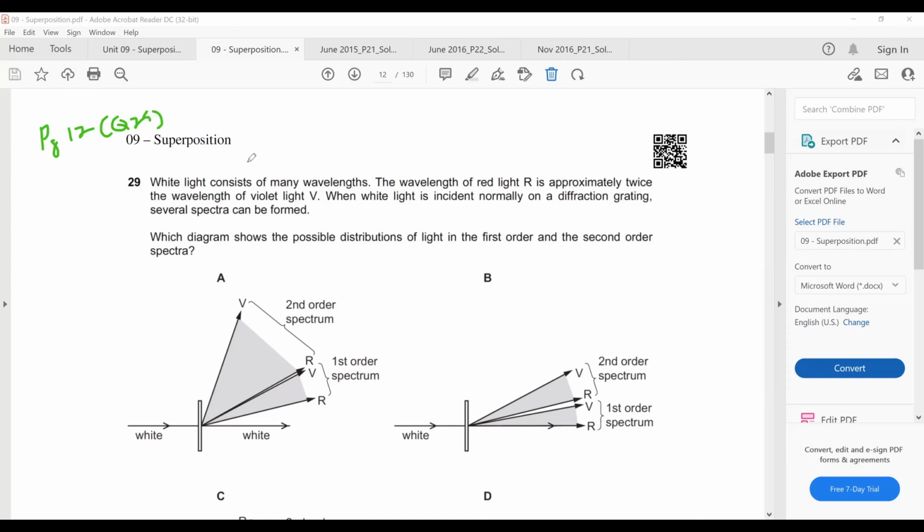We tell you white light consists of many wavelengths. The wavelength of red light R is approximately twice the wavelength of violet light V. White light is incident normally on a diffraction grating. Several spectra can be seen. Which diagram shows the possible distributions of light in the first and second order spectra?